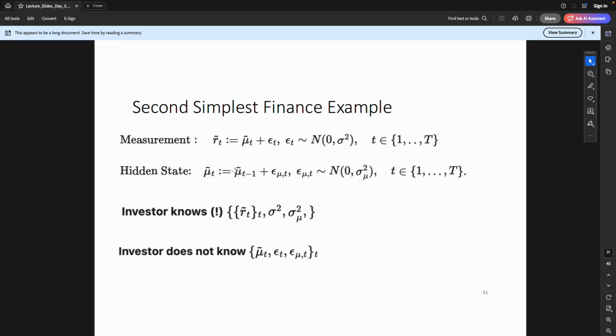It's popular. It also has a special name: local level model. It's called local level model, this entire state space system here.